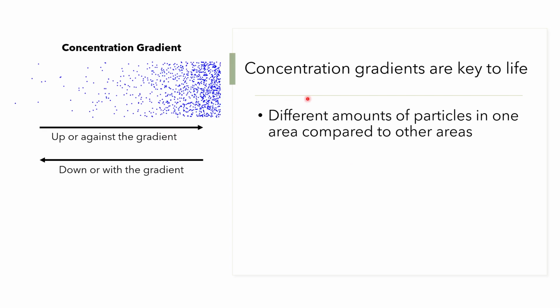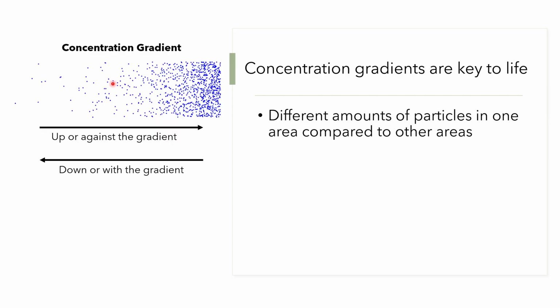So concentration just means amount. A gradient is where you have more of it in one area and then it slowly fades until there's less of it in another area. And these are so crucial to life. Cells will actually put in a significant amount of energy and effort to create these concentration gradients. Think of them as like a dam.